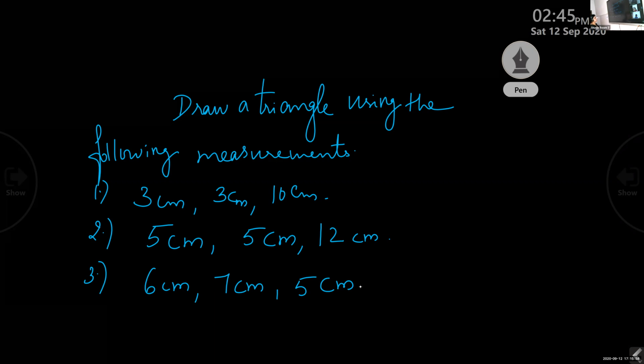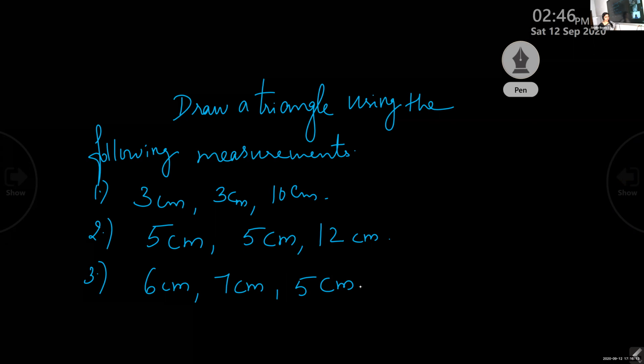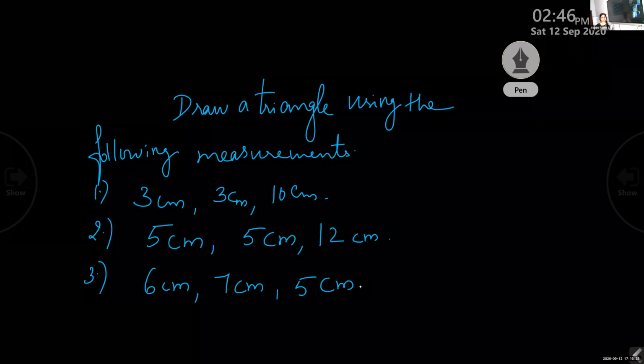Just try to draw using pencil and ruler. All of you try to draw triangles with these 3 measurements. 3 triangles you have to draw. Let me check. Attendance I'll take later. You draw the triangle and tell me whether it is possible or not.